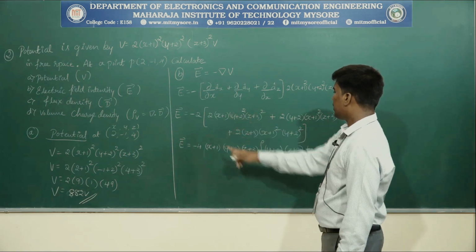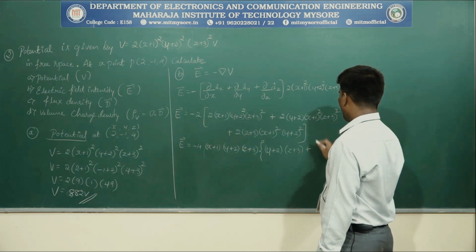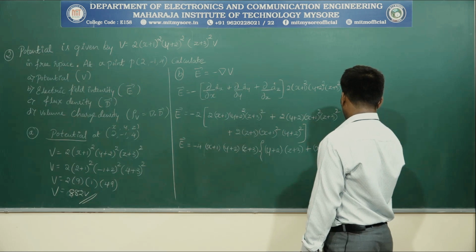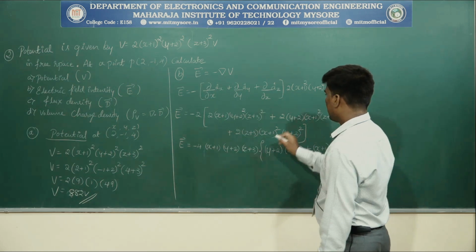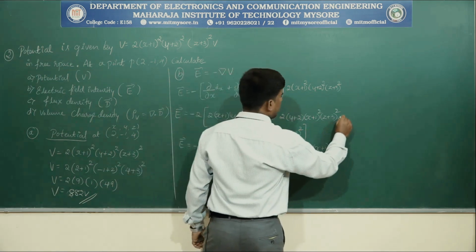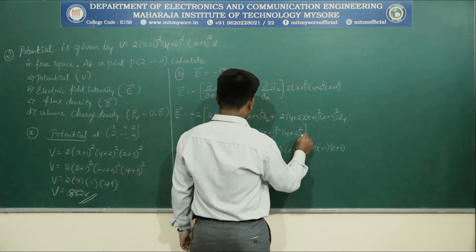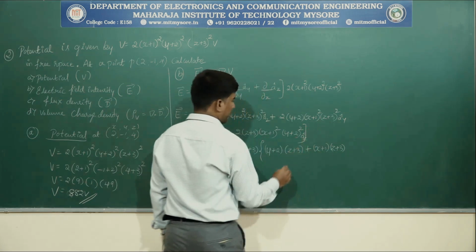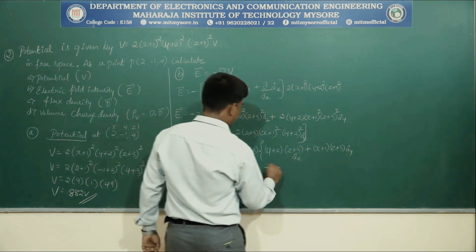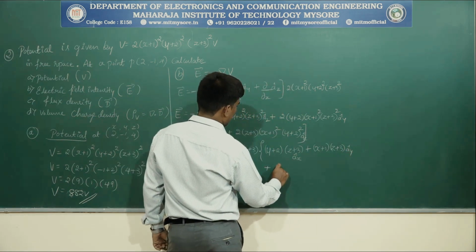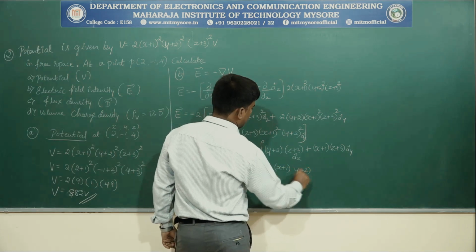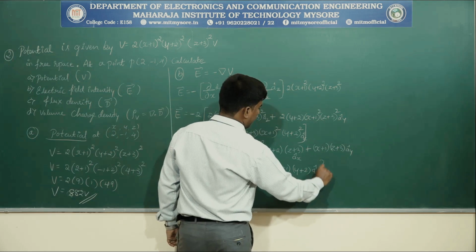Then 2 is taken outside, we are left with (x+1) and (z+3), into a_x, this is into a_y, this is into a_z, here a_x, a_y plus (x+1)(y+2) into a_z.